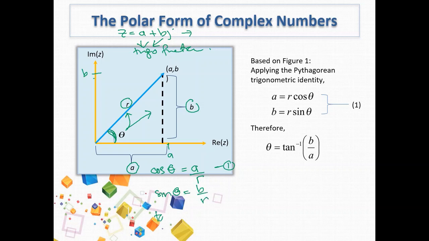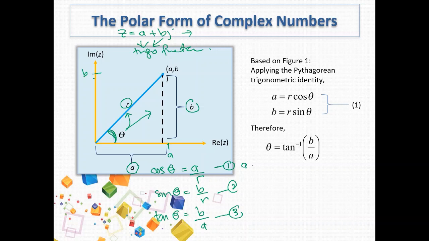Okay, and what is tangent? Tangent theta is the opposite over adjacent. This is second, this is third. Remember we want to substitute a and b here with trigo function, right? So from the first equation, what we need is a. We want to know what is a.